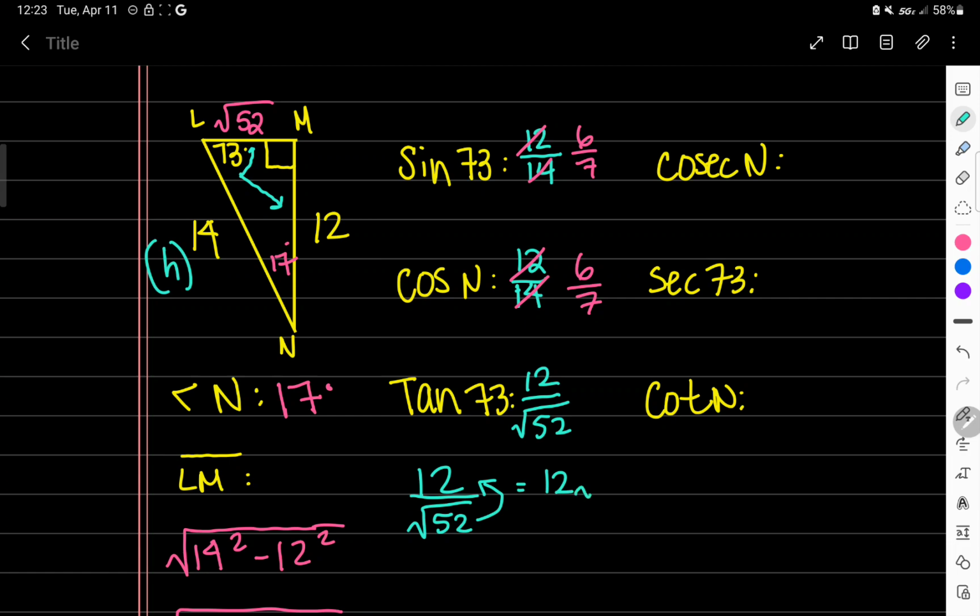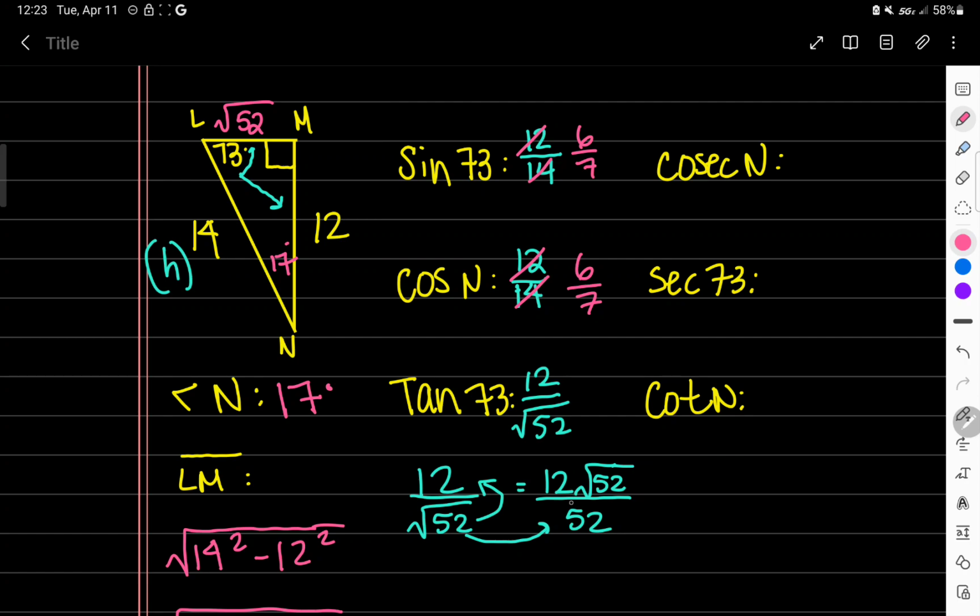So it will be 12 square root of 52. And then we keep that same number at the bottom. Here, we will reduce the 12 and the 52. So we can reduce the 52 on the inside, but again, we're not going to do that for this section. We're going to do that for the next section.